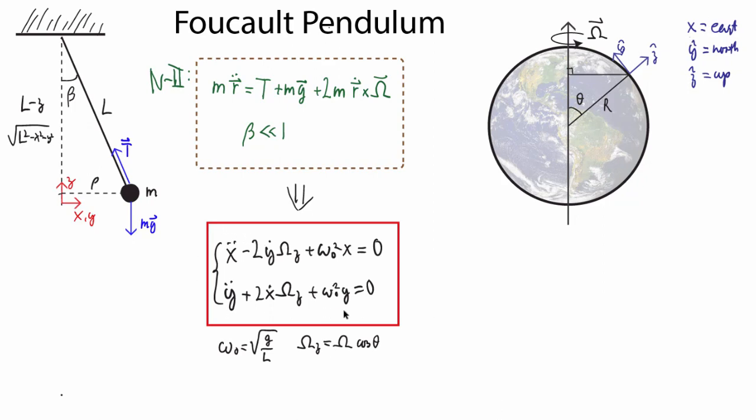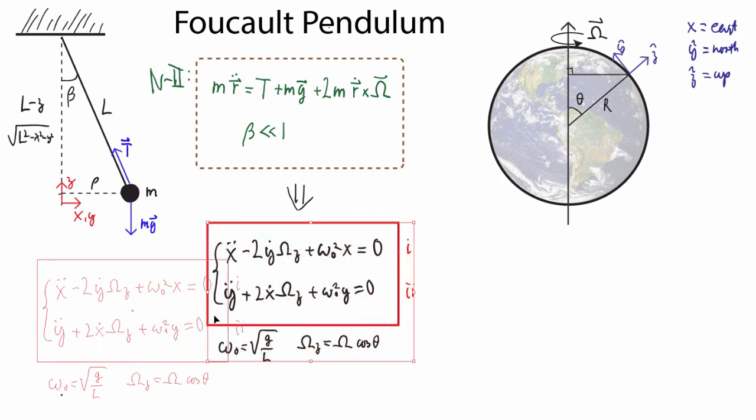So we arrived now at these two coupled differential equations in x and y. And we're going to use the same trick we used a few times before to solve this. Essentially, we'll say that this is equation 1, this is equation 2. Let me move these to the side so that I have a little more space.